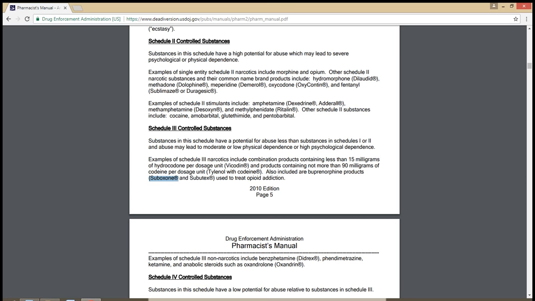So buprenorphine, just like methadone, we mentioned above here, also has 2 uses. Buprenorphine can be used for pain management, and it can be used to treat opioid dependence. So this is the other medication that has 2 uses, and you always have to know as a pharmacist why the doctor prescribed that medication specifically, and we're going to be talking about that later on in detail. All right, so that is the second medication that is a Schedule 3.